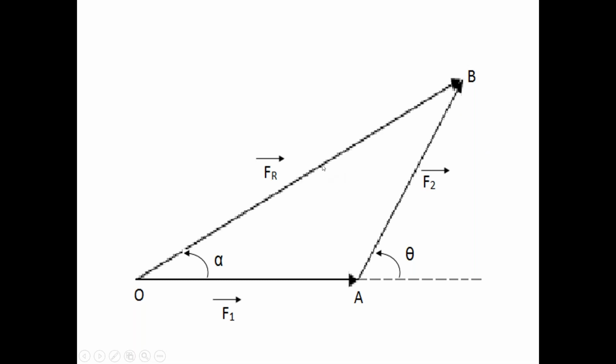Check the direction on the line OB: it is in the clockwise order. So mark the arrow on the third side OB of the triangle opposite to the direction of OA and AB. Then this third side OB of the triangle is the resultant force of the two concurrent forces F1 bar and F2 bar. The third side of the triangle is taken in the opposite order.